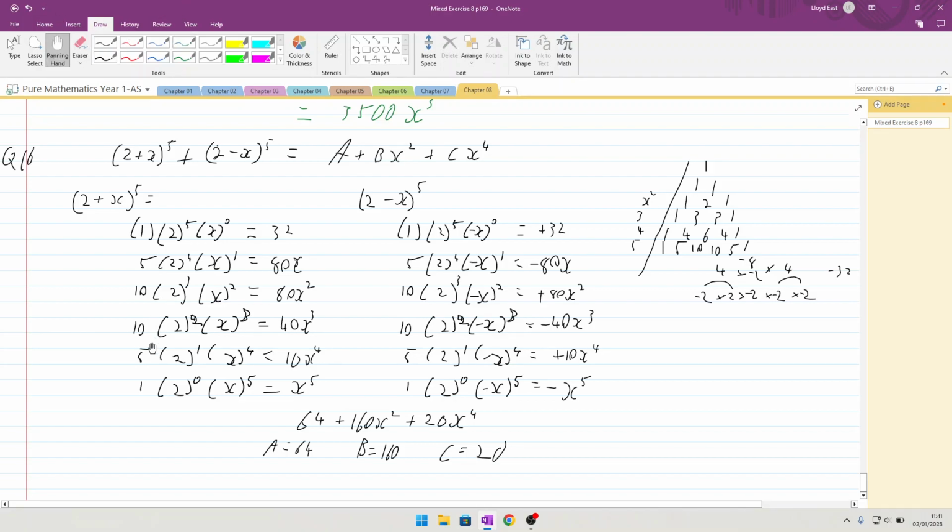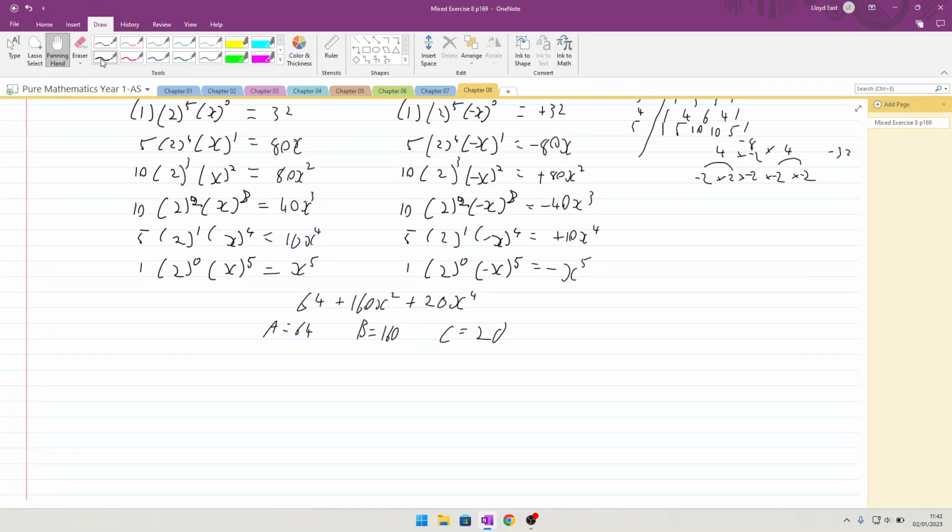Okay, next bit, using the substitution of y equals x squared. So that was part A. Part B, using the substitution of y equals x squared, and your answer to part A, solve this problem.